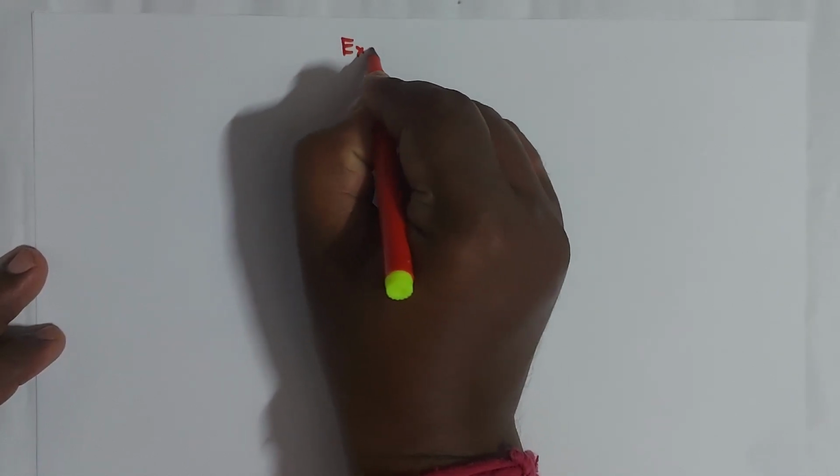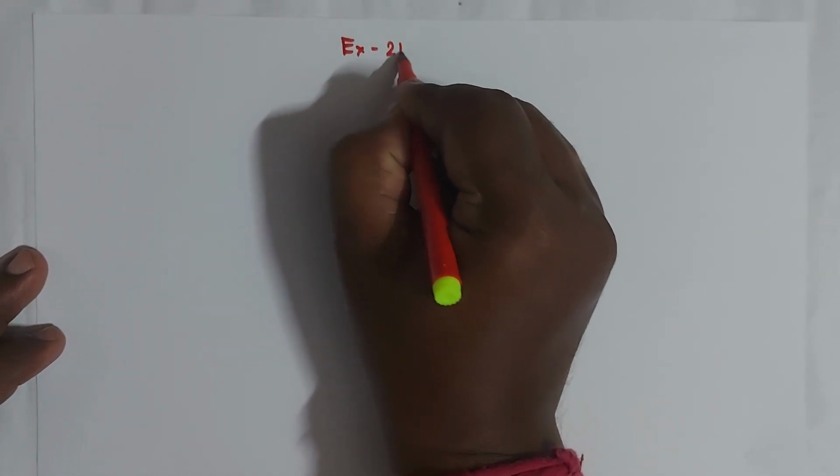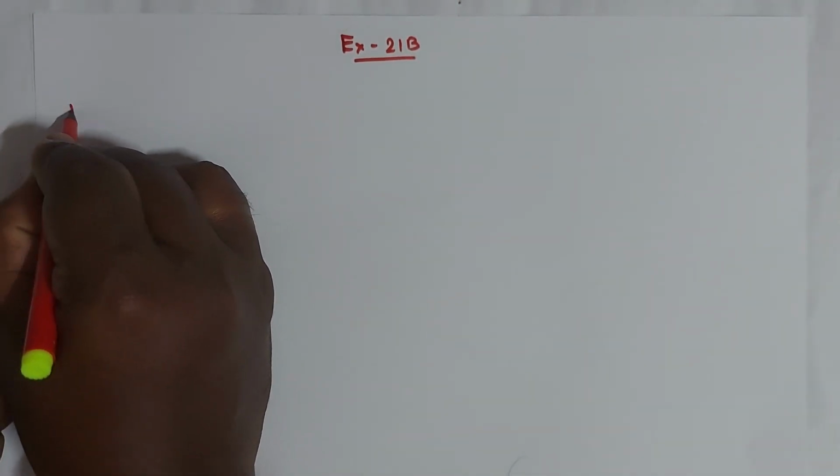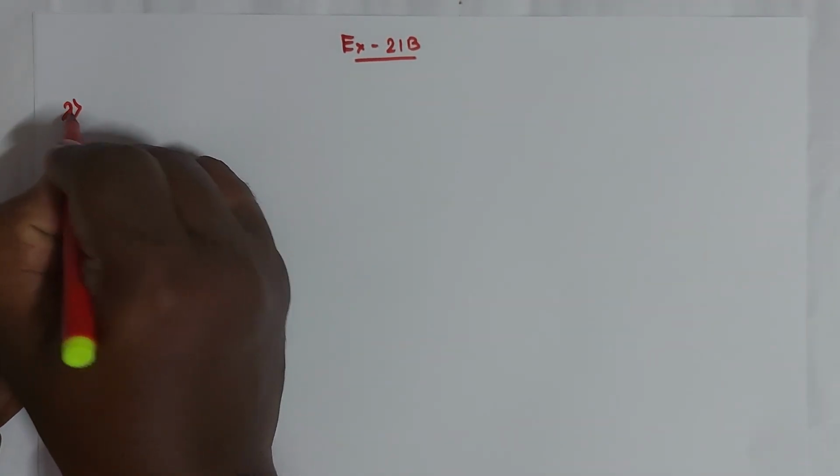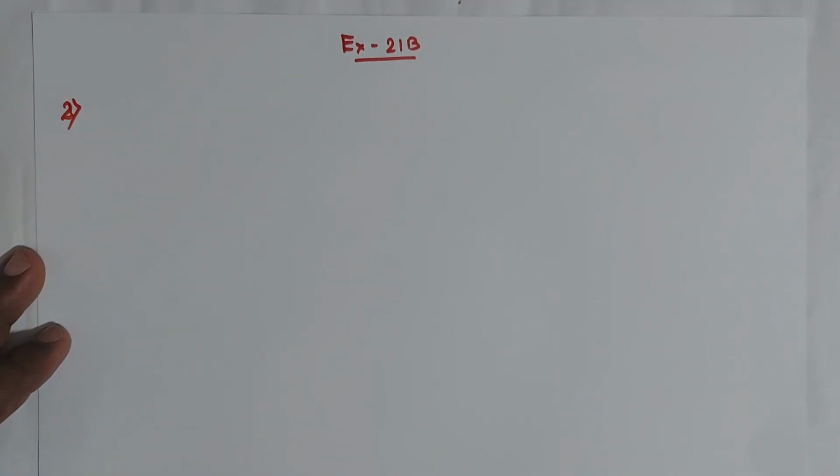So now we are starting exercise 21B. Okay. Let's do question number 2. The electricity bills in rupees of 25 houses of a certain locality for a month are given below.